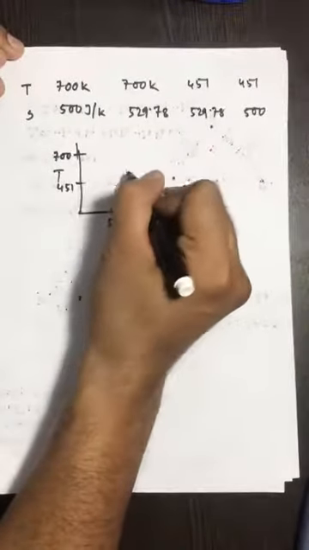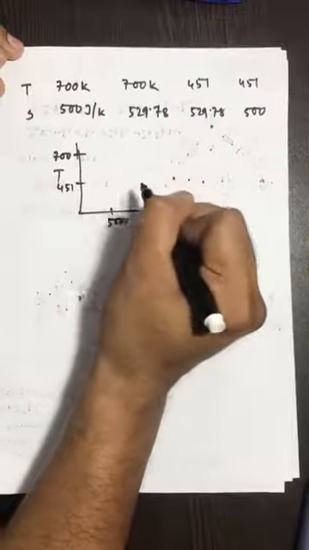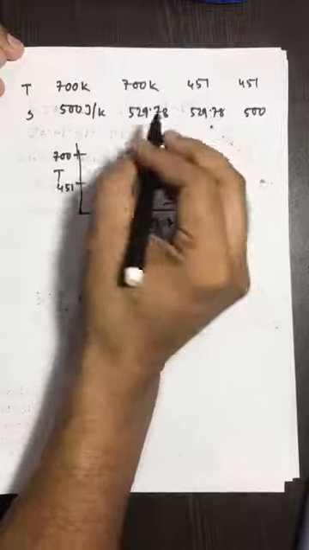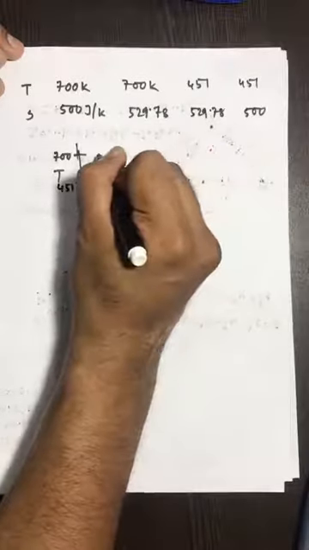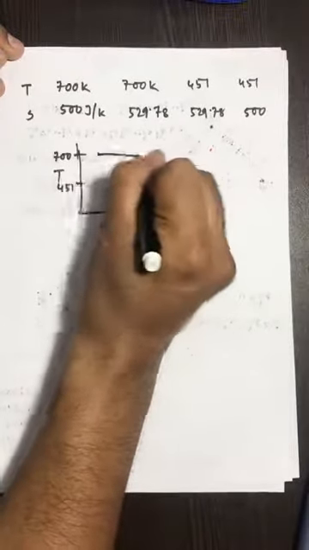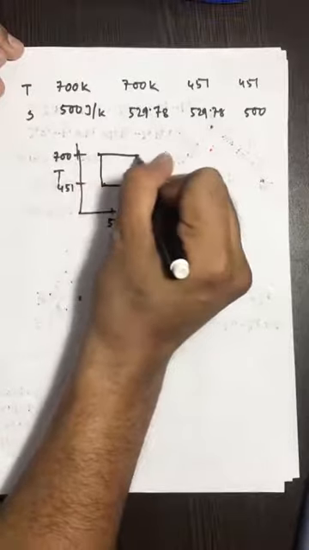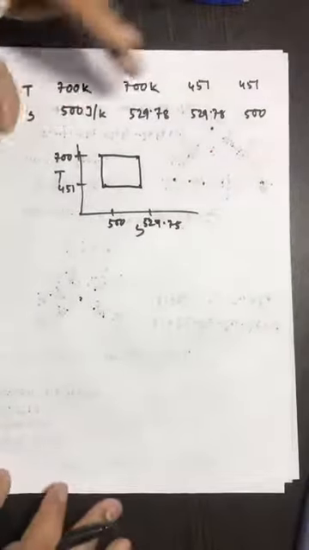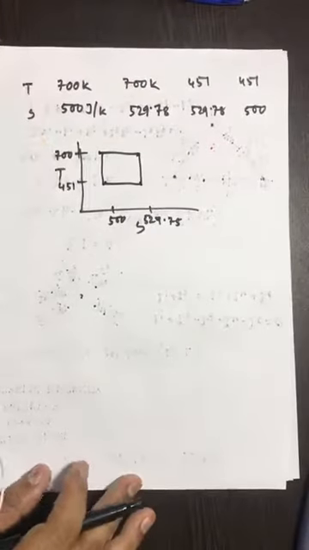So at 451 we get 529 and 500, and at 700 we also get 500 and 529. So this looks like a square box or rectangle, whatever you say. The entropy versus temperature graph is like that. So this is done.